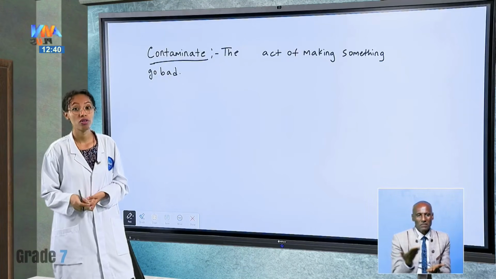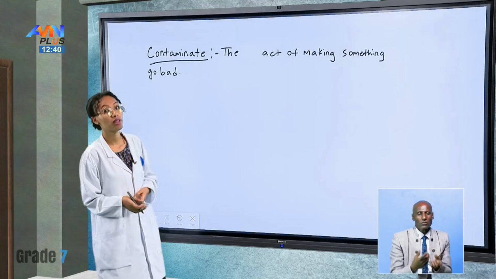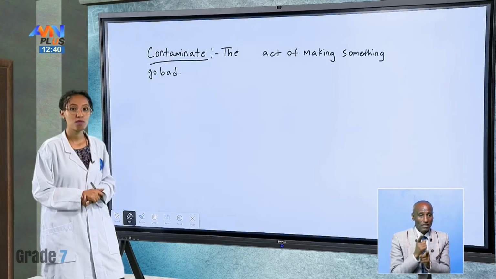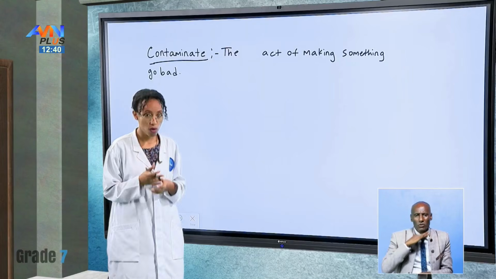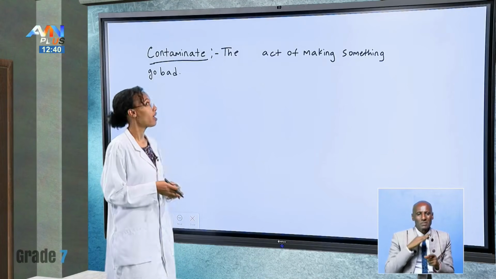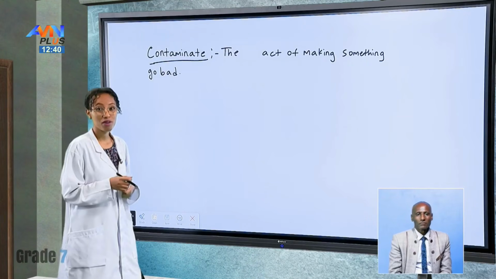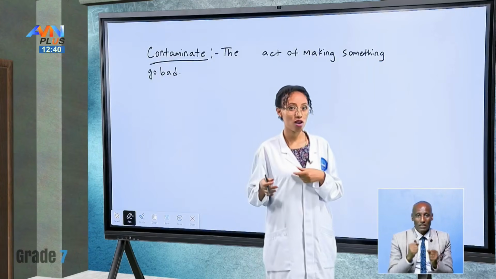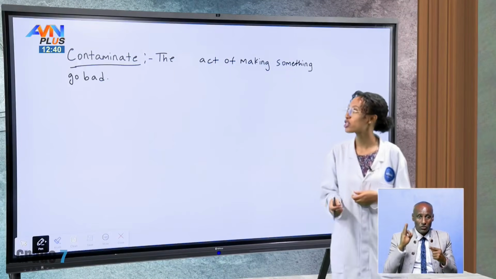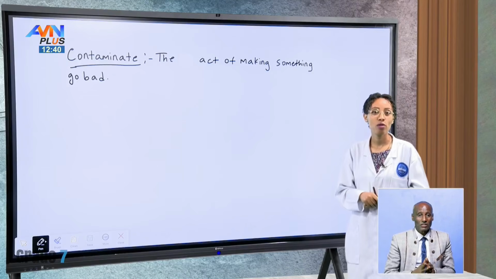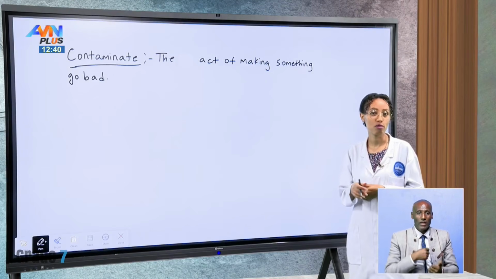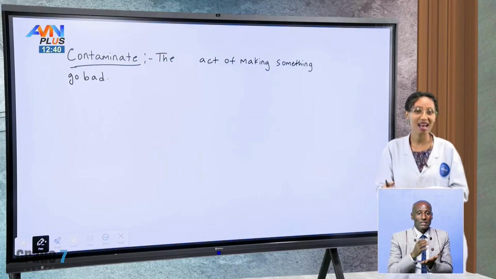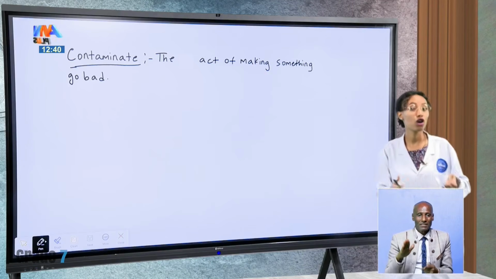This is a word often associated with contaminate. Pollution, contaminate, right? If we say something is polluted, then it's most probably contaminated, right? So this word is, you could also say, the opposite of remediation. In remediation, we talked about how we stop the process of making something go bad, right? And in this case, it is the act of making something go bad.